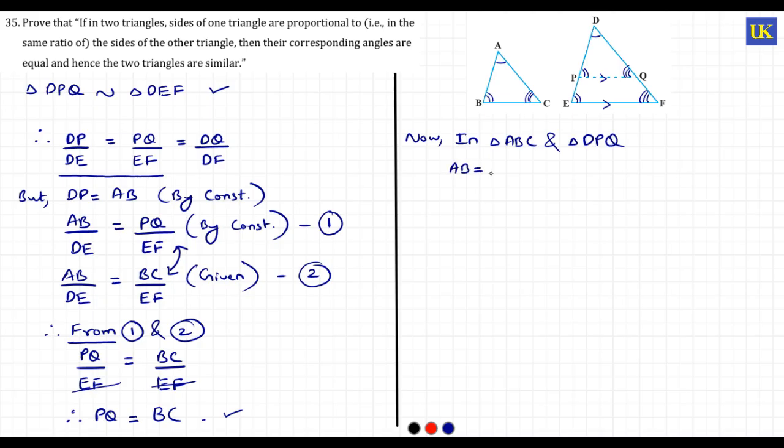So AB is equal to DP and AC is equal to DQ. Both these things are by construction, because we have made the construction only in such a way that we have kept AB equal to DP, and for AC we have taken the same measurement and marked it for DQ.